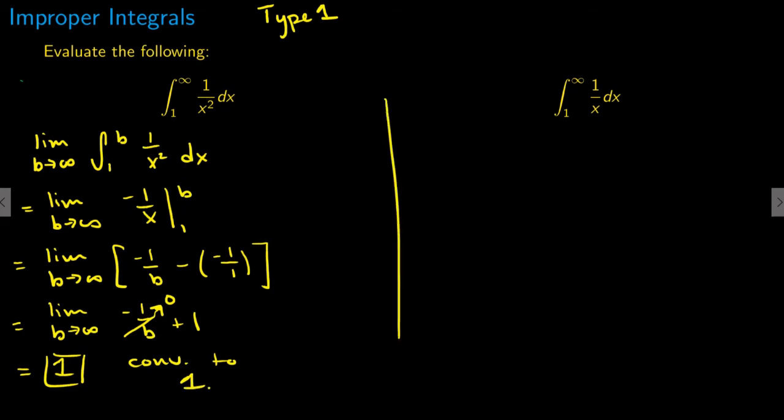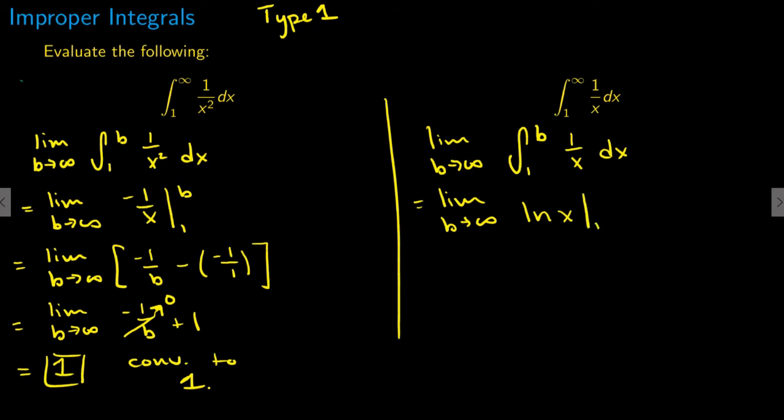And we can do a similar thing for the second integral here. I'll take the limit as b approaches infinity of the integral from 1 to b of 1 over x dx. Again, the integral of this piece is just going to be natural log of x evaluated from 1 to b, and we write the limit as b goes to infinity of the natural log of b minus the natural log of 1.